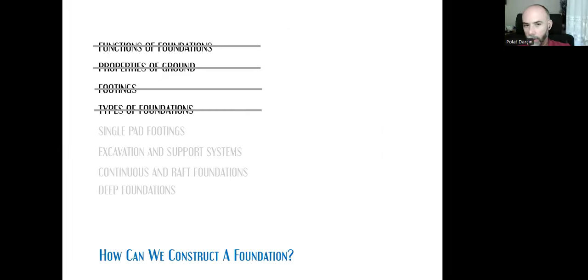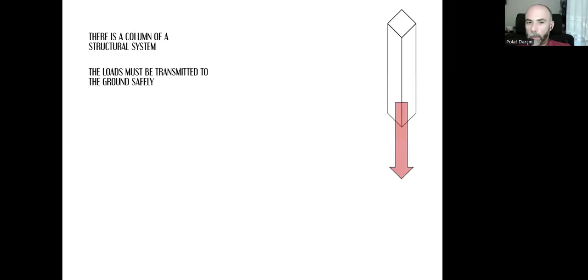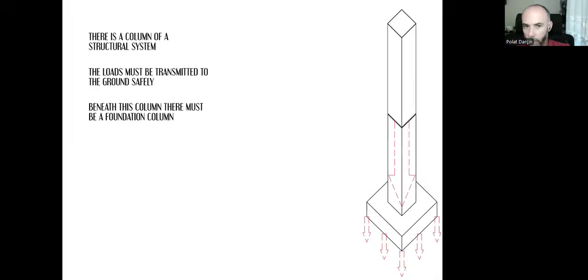How can we construct a foundation? Let's take a look at the single pad footings, and let's learn how we can do the excavation without any risks. If there is a superstructure column, then we need to first create a foundation column in order to transfer the loads and transmit them safely to the ground.